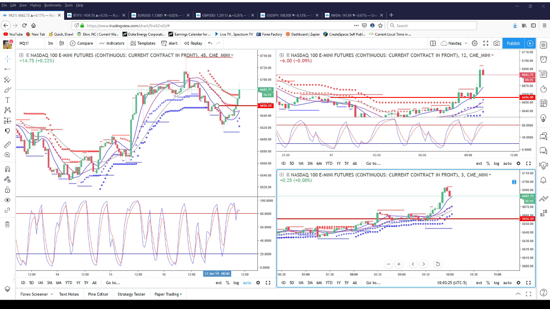Will it push it down far enough is going to be the issue on this one. The Russell's doing pretty good though.